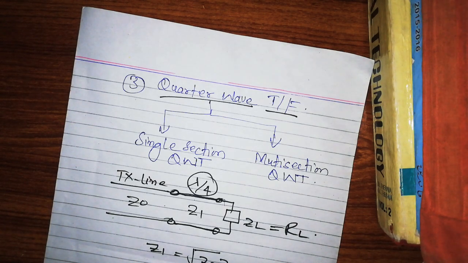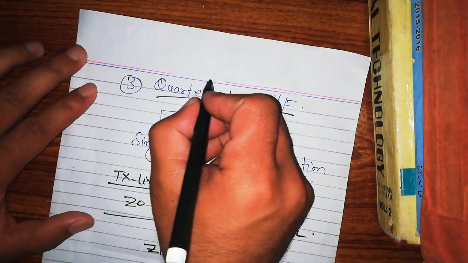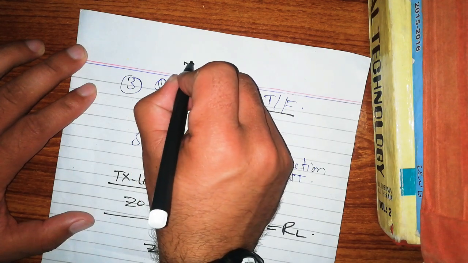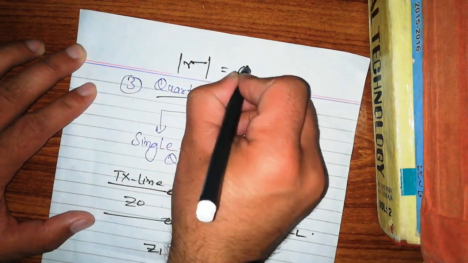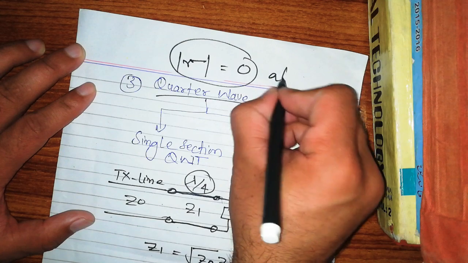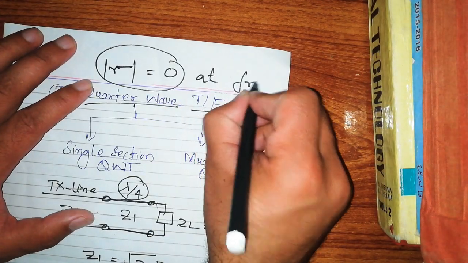The purpose of using the multi-section quarter wave transformer is just to improve the bandwidth. We can obtain a greater bandwidth by using a multi-section quarter wave transformer as compared to a single section quarter wave transformer. Again, remember, all these matching circuits give you a reflection coefficient value of 0 at only one frequency.